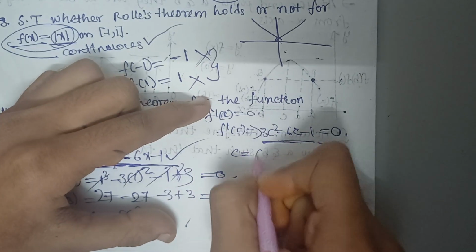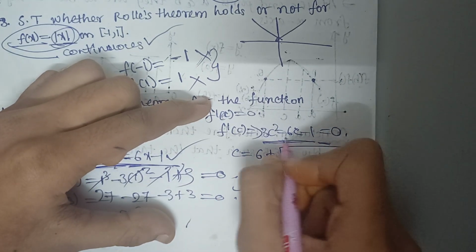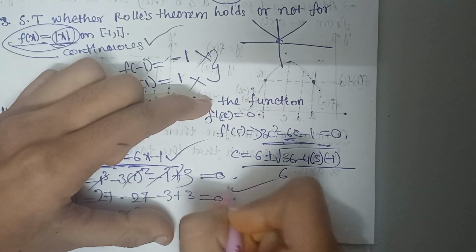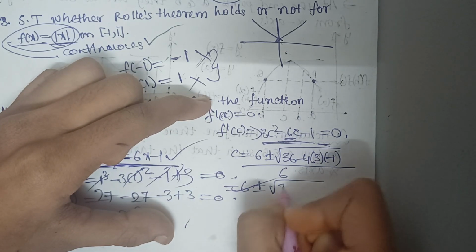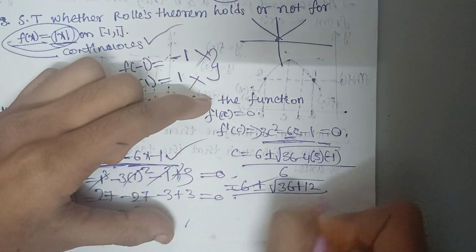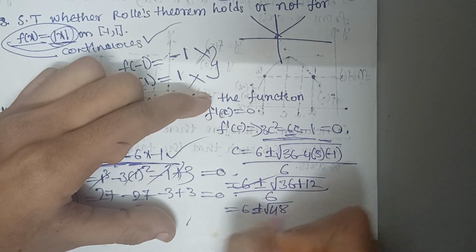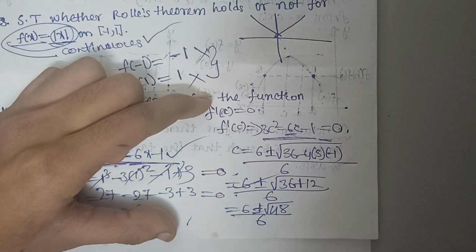That is c is equal to minus b plus or minus square root of b square minus 4ac by 2a, which is nothing but 6 plus or minus square root of 36 plus 12 by 6, which is 6 plus or minus square root of 48 by 6.